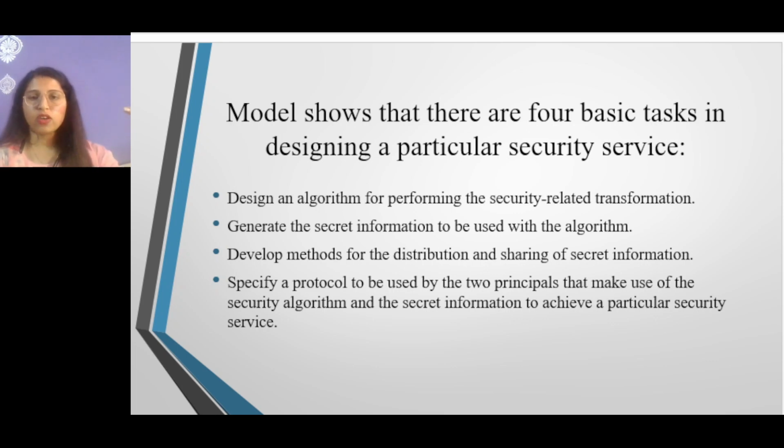And fourth, you are going to specify the protocols, the rules that will be used by the two principals that make use of the security algorithm and the secret information to achieve the particular security service. So these four major tasks are very important: design an algorithm, generate the secret information, develop the method for distribution, and specify the protocol.